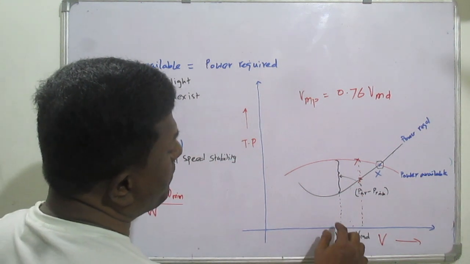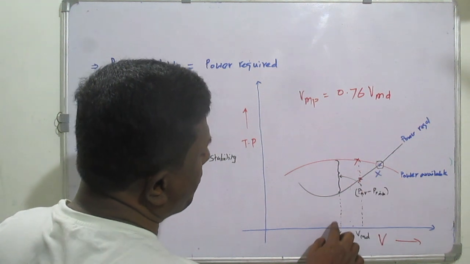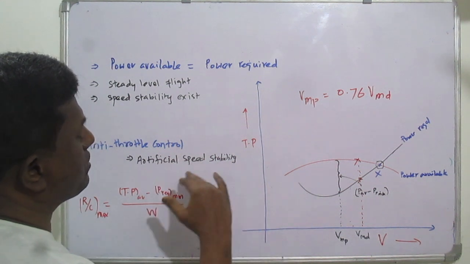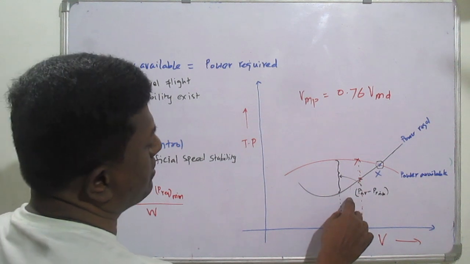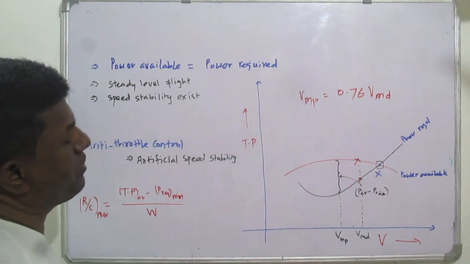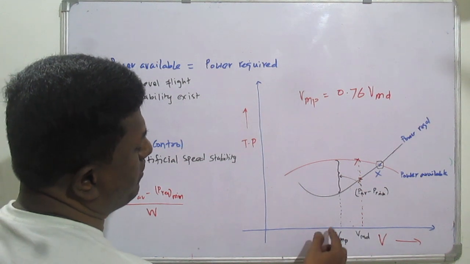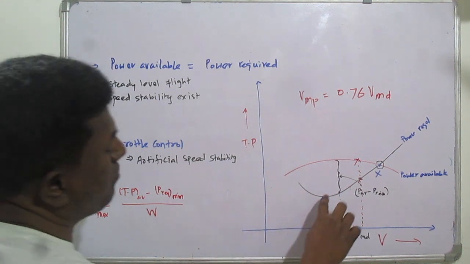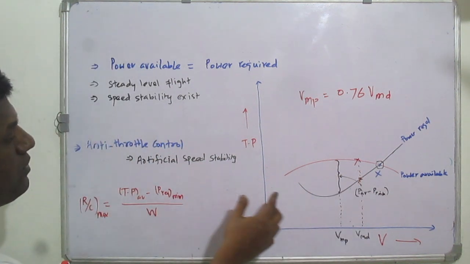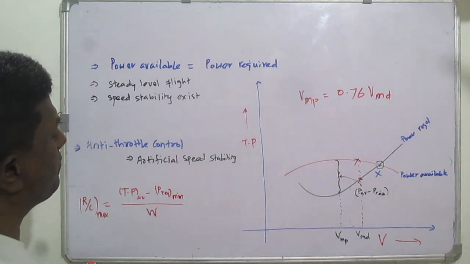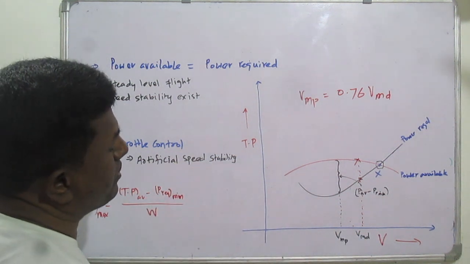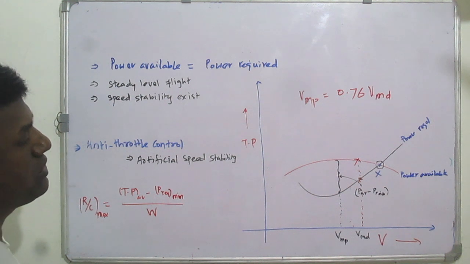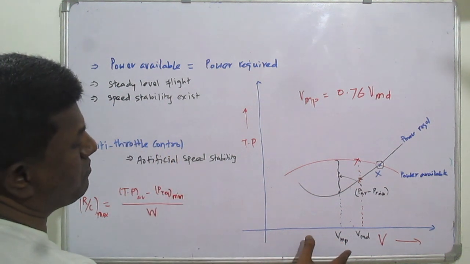Because we cannot go up to this point, we can create a situation similar to the speed stability conditions. That is what we are achieving with the help of anti-throttle, only when we are flying with the minimum power conditions. I hope it is clear why we need to go with the anti-throttle control to have artificial speed stability, and how we overcome certain issues.